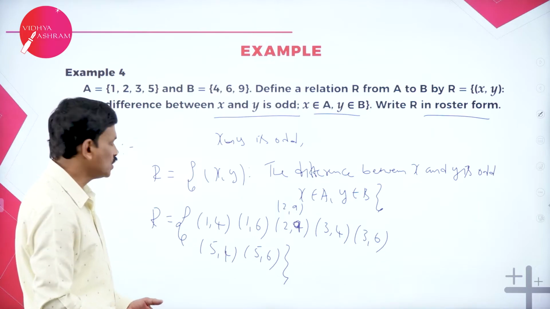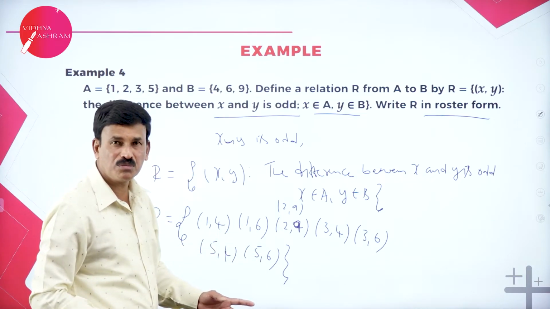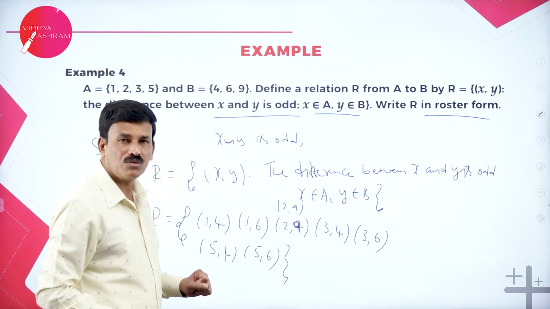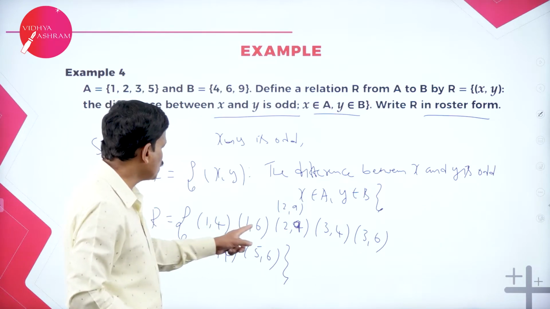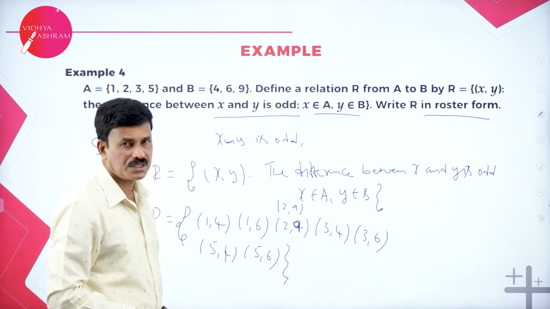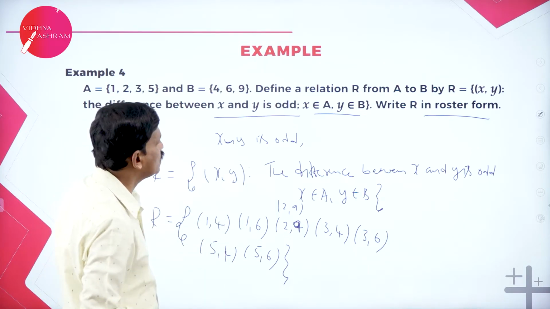Here what is the range? Range is nothing but the set of all second elements. What is the domain? Domain is 1, 2, 3, 5. And what is the range? Range is 4, 6, 9. Okay, this is how we are going to write the elements for the given relation.